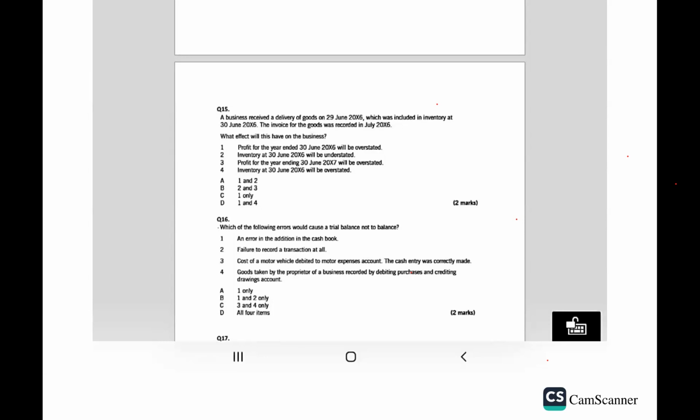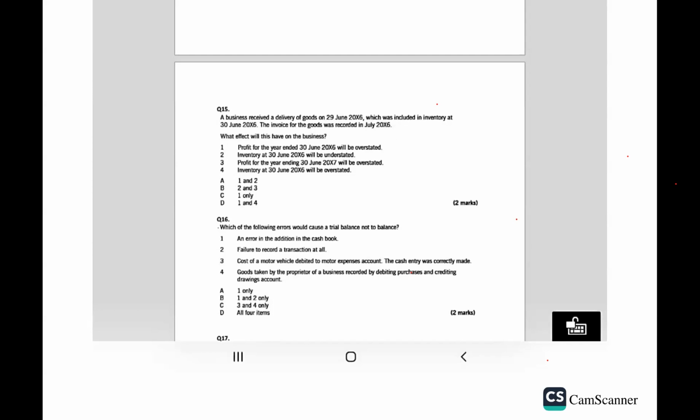Then 2, failure to record the transaction. When that transaction has been omitted, I think the trial balance won't balance. On my side, I pick C.